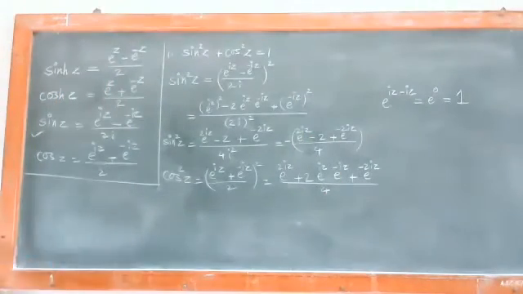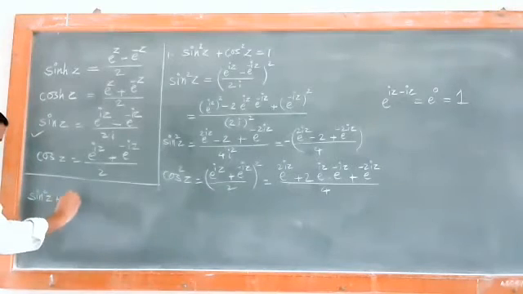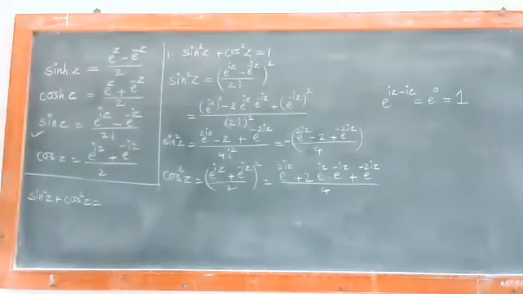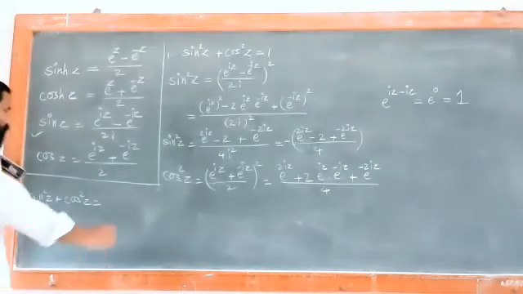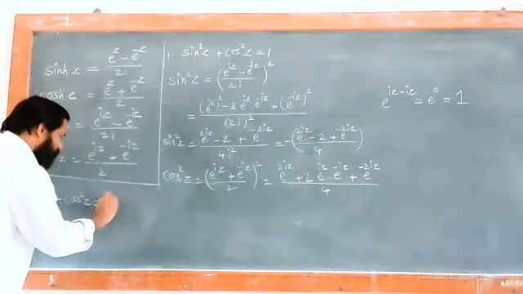What we want is sin square z plus cos square z, and I can write it like this. Just take it out. That is e raised to twice iz.